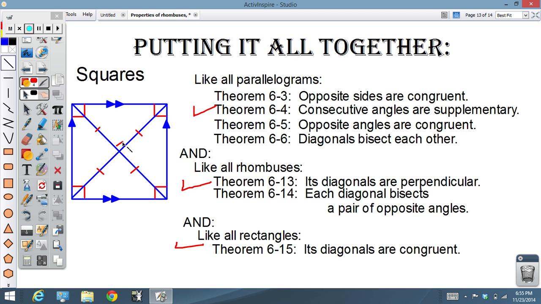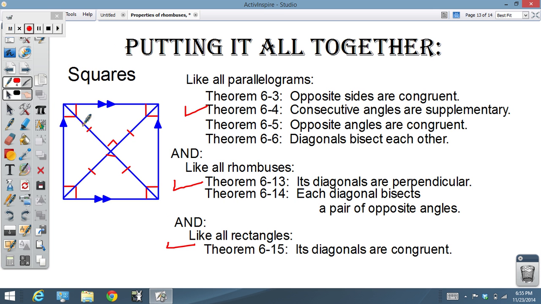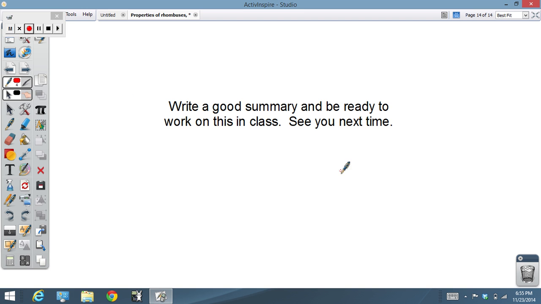They are perpendicular, which means all four of these are the same. They bisect angles, which means all of these up here, every one of these halves, is 45. All right, so those are important things to know. I'll let you get them in your notes. We'll work on it tomorrow.